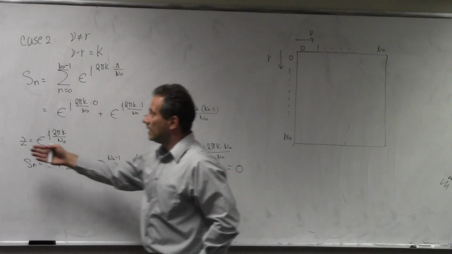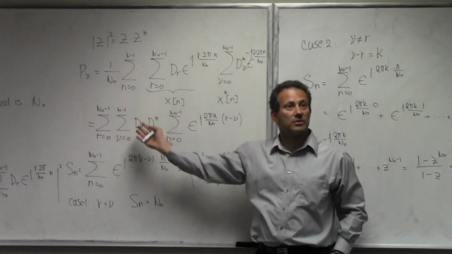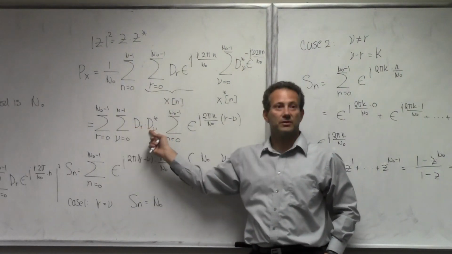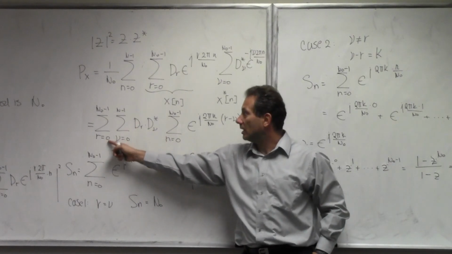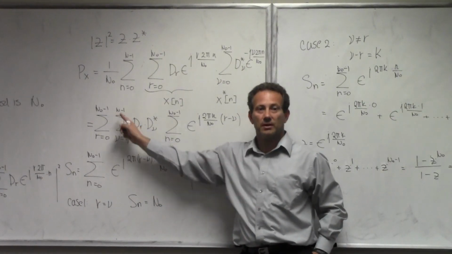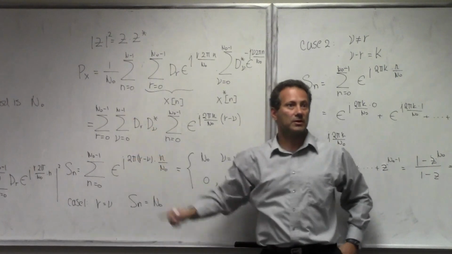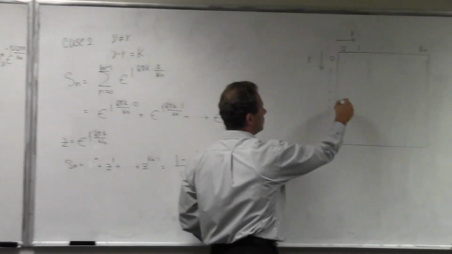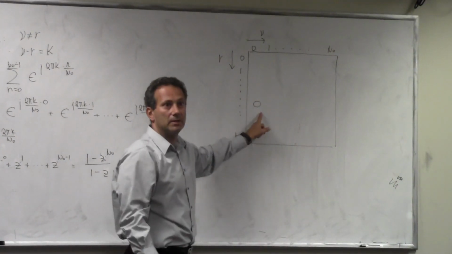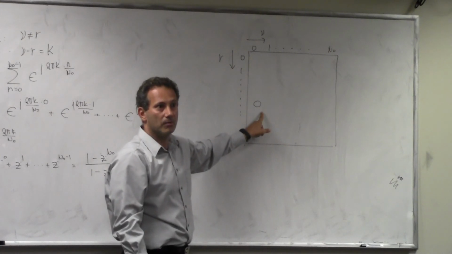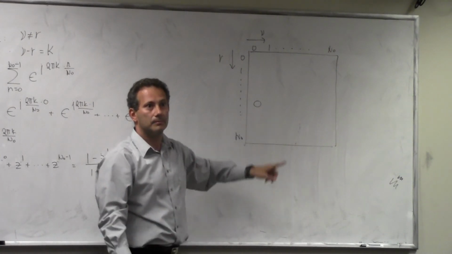So this double summation gives me n0 times n0 terms. I have r going from 0 to n minus 1, and nu going from 0 to n minus 1. For every combination of r and nu, I have a term that I need to add. You follow so far?